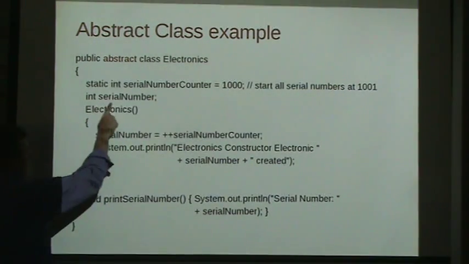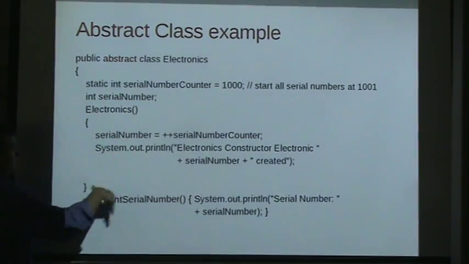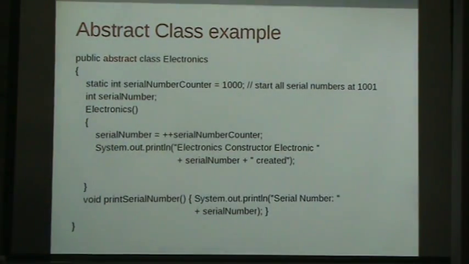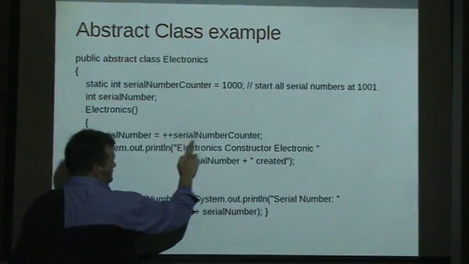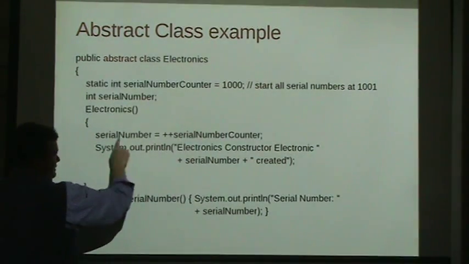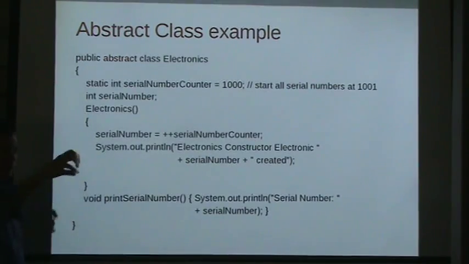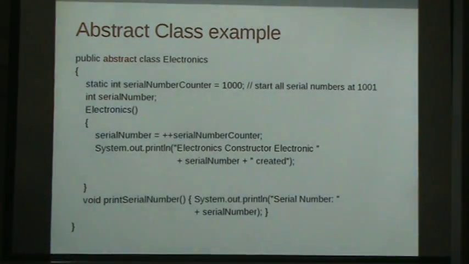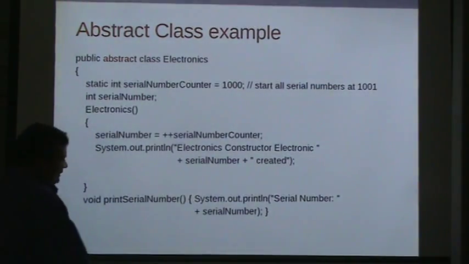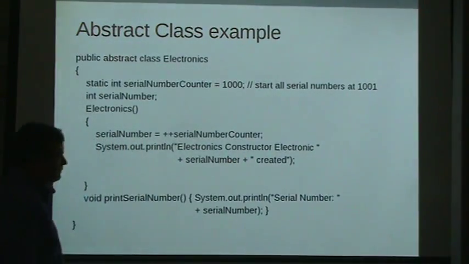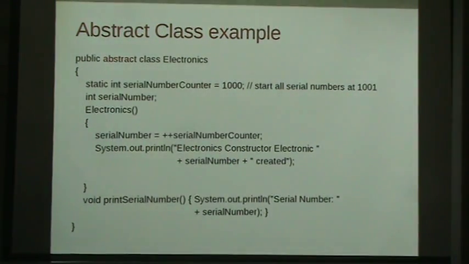The actual serial number, we don't have it as a static, so each object has its own serial number. And then maybe we have a constructor. And what does the constructor do? It takes the static counter, adds 1 to it, and assigns it to the serial number. So that way every product we ever make has a unique serial number. And then we could print out this is the constructor.